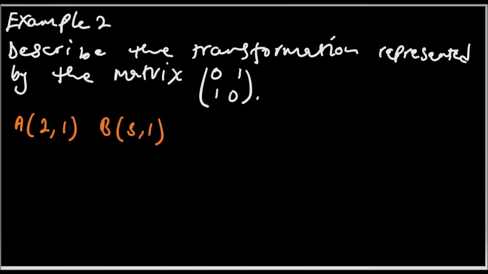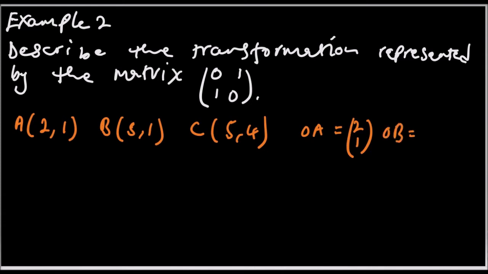And coordinates of C are 5, 4. So what we do is we can form a position vector using these points. So we have our OA equals 2, 1, and then we have our OB equals 5, 1, and we have our OC equals 5, 4. You just invert the coordinates to come up with the position vector.